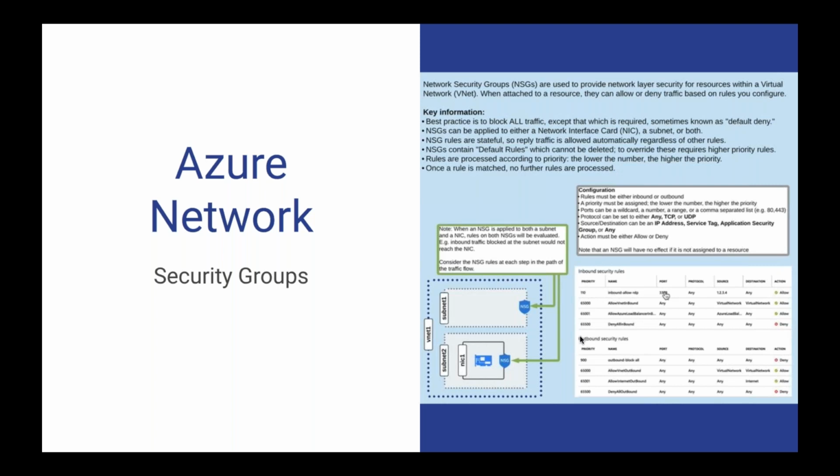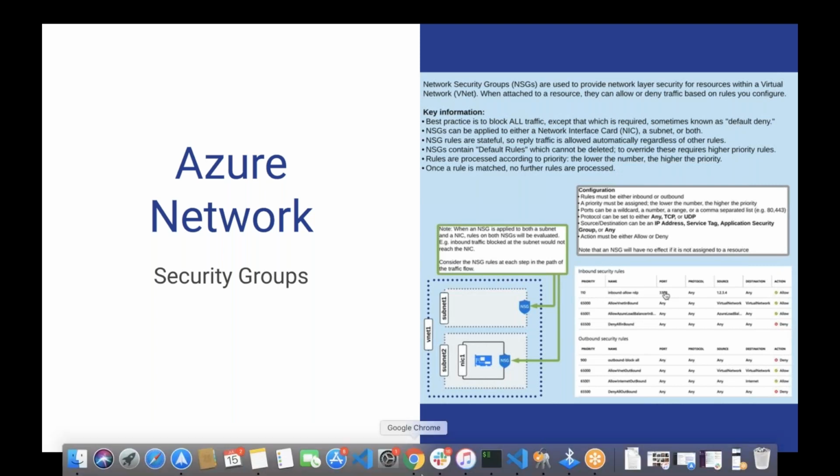We have already discussed our inbound security rules, our outbound security rule set, and priority. Now we need to discuss where I can apply these network security groups. There are two places where I can apply the network security group.